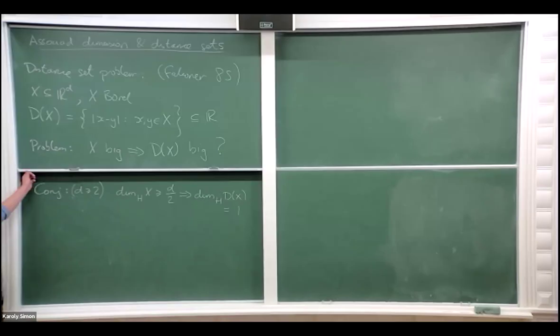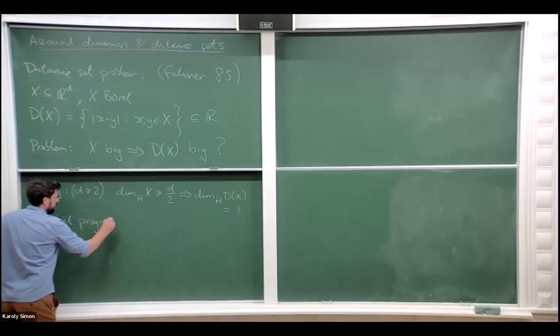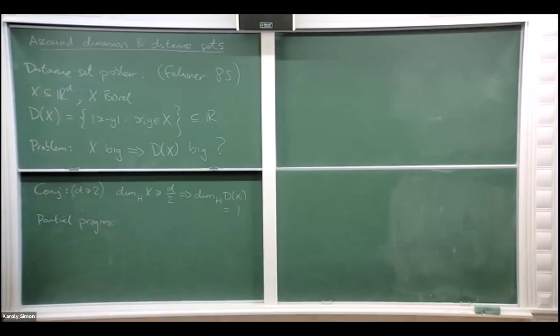Well, this is an open conjecture for all d at least 2. So as I said before, there's lots of interest in this question over many years, with contributions from many people, some of whom are in the room. I certainly can't give an extensive review of everything that's been done on this problem because it's an extremely large literature.